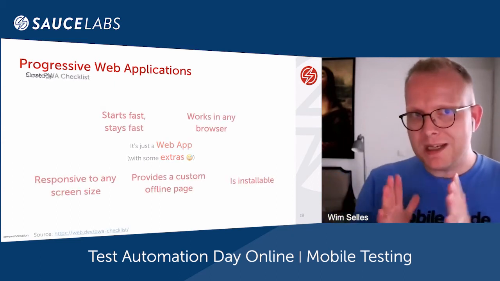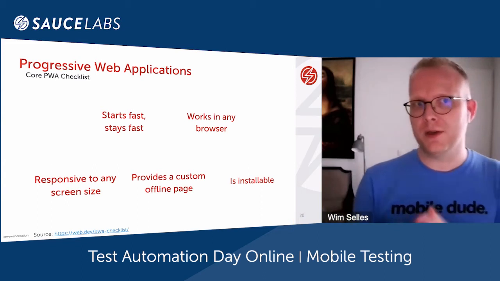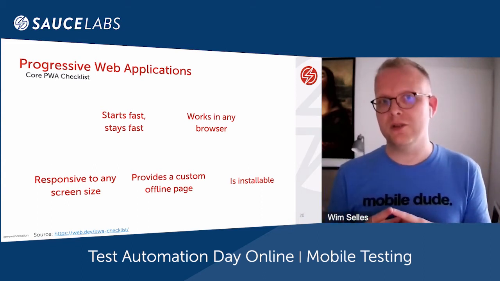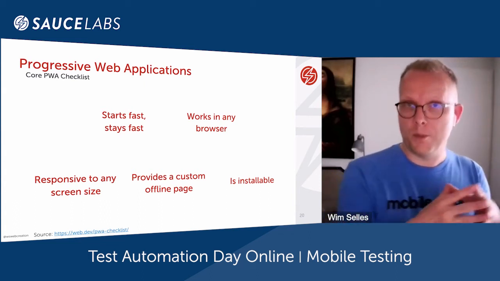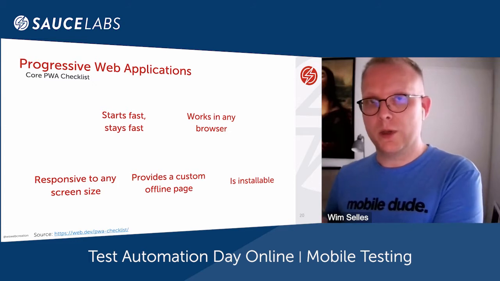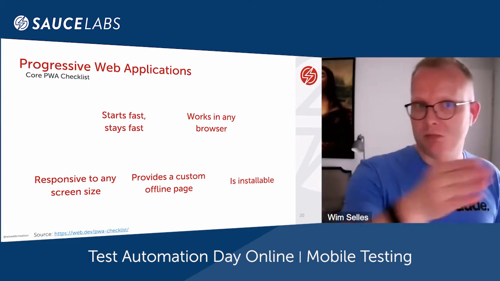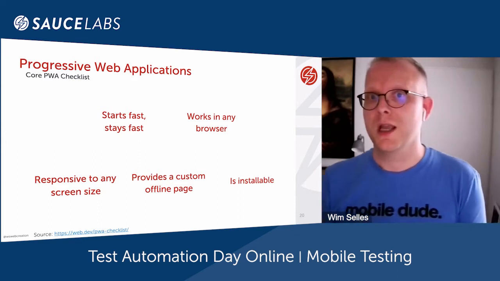So there is a list. From PWA, you can find it on web.dev, a core PWA checklist of things that you can verify when you are going to manually or automatically test PWAs. In this case, for example, verify if it starts fast and if it stays fast.